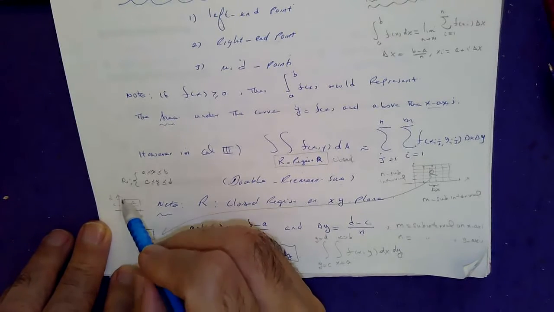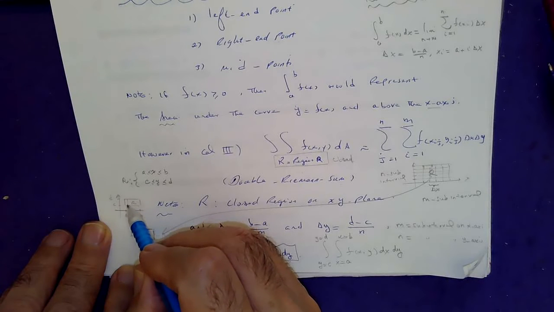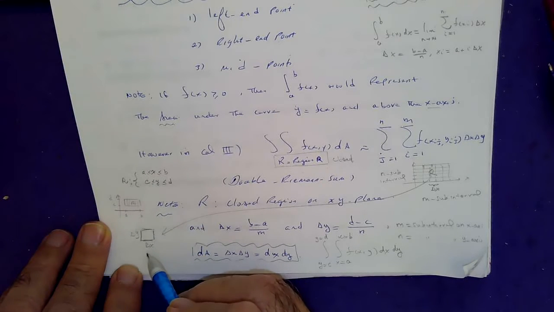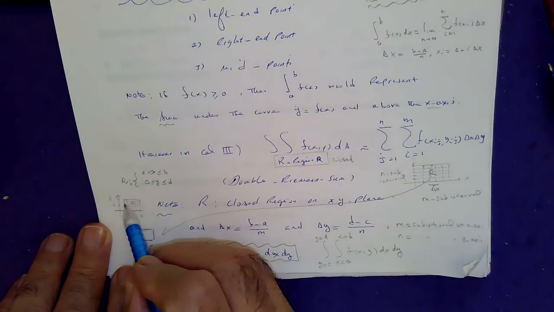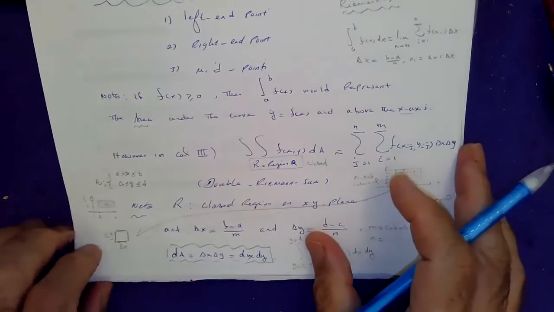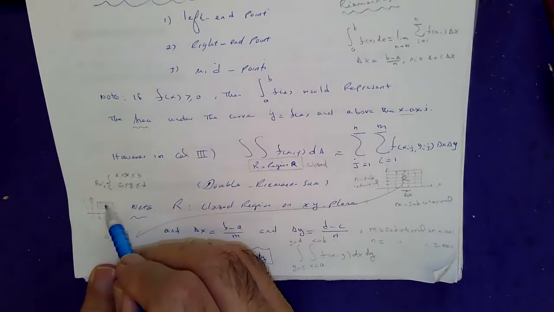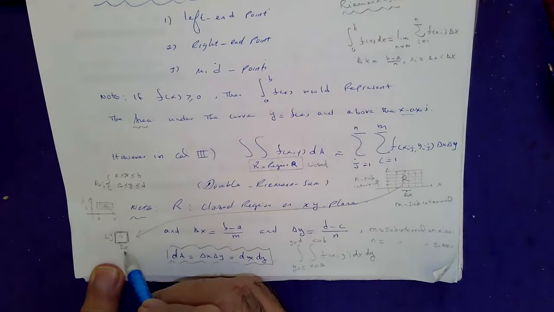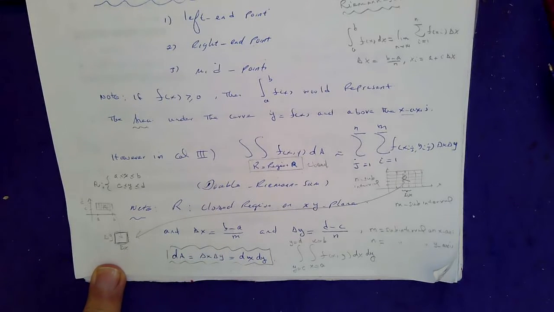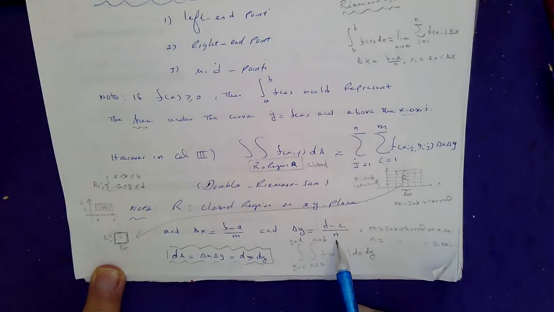Then we divide this rectangular region into so many sub-intervals along the x-axis and so many along the y-axis. We take one of these sub-rectangles whose length and width are delta x and delta y, where delta x is b minus a over m and delta y is d minus c over n.